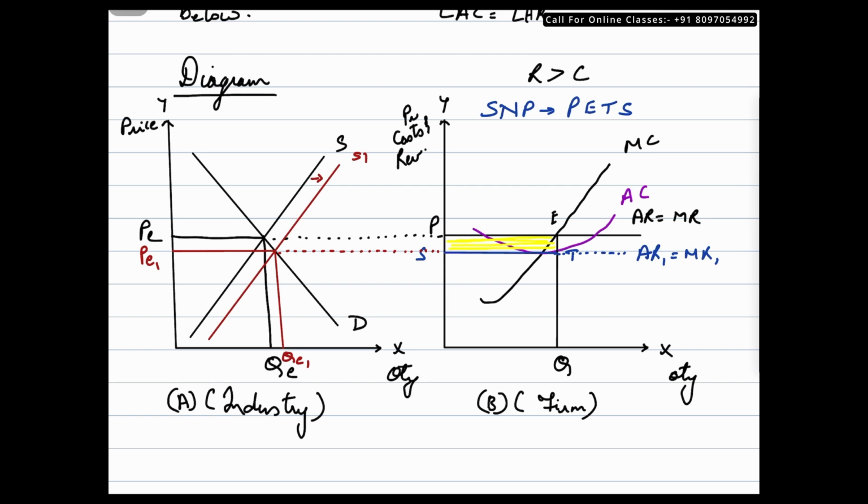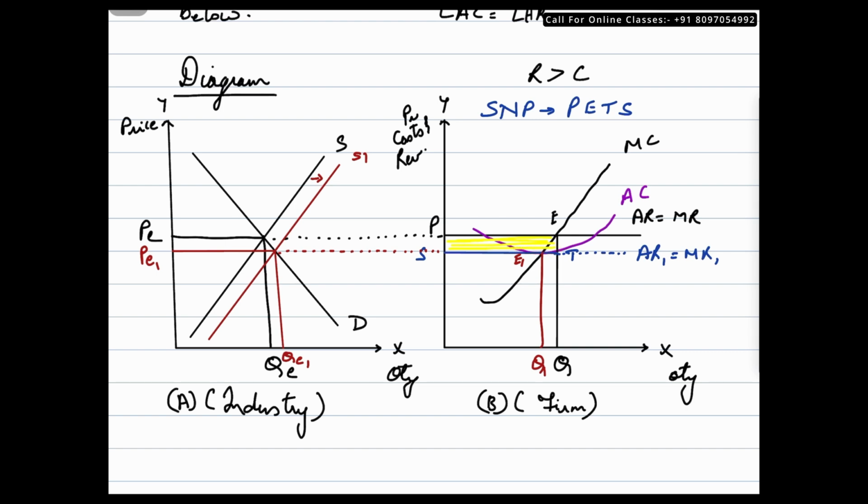Now at this new price line, the equilibrium condition is satisfied at this particular point where MR is equal to MC. So at point E1, you can see that the quantity has gone a little down at Q1, and we can also see that the equilibrium is now attained over here where the marginal cost curve is intersecting the new marginal revenue curve at point E1, and at this point long run average cost is tangent at its minimum level.